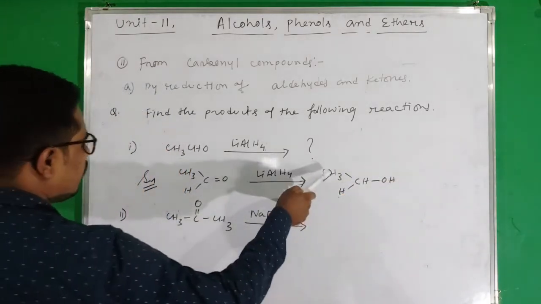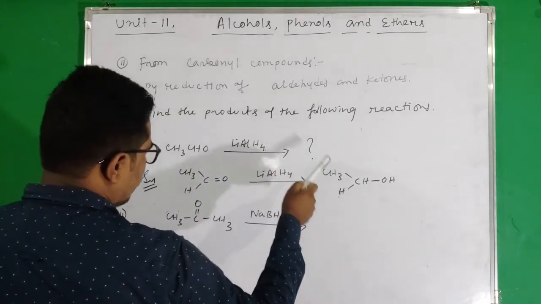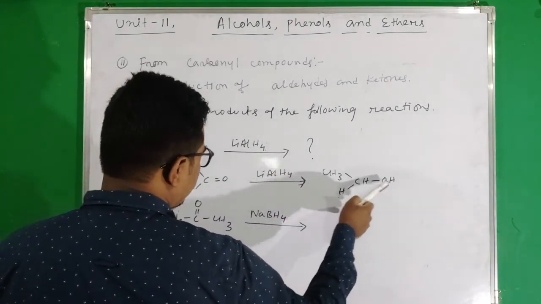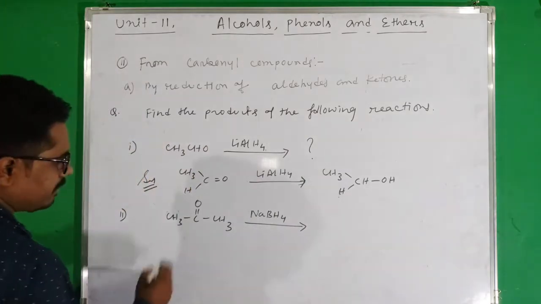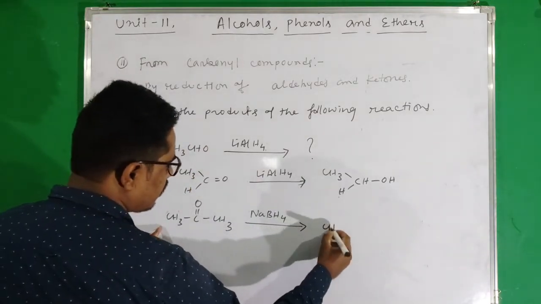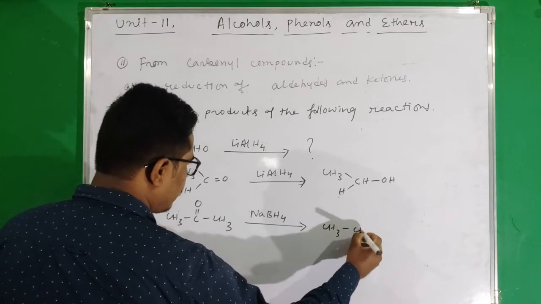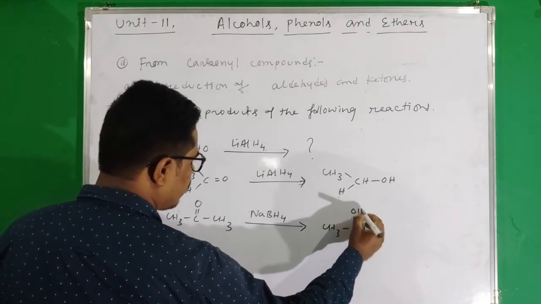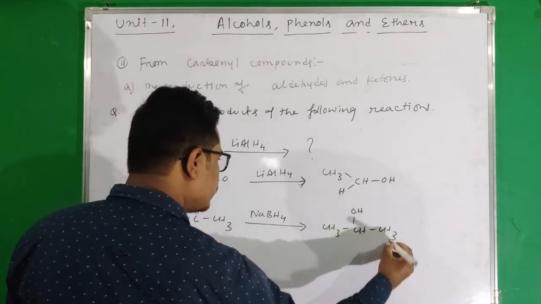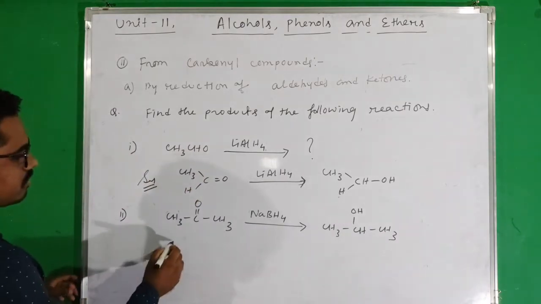That means we will get CH3CH2OH, and in this case we will get CH3CH single bond OH CH3.